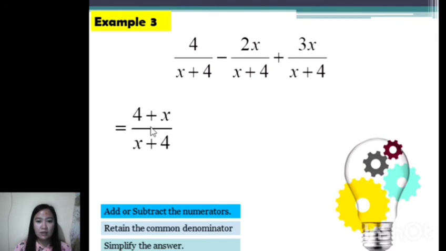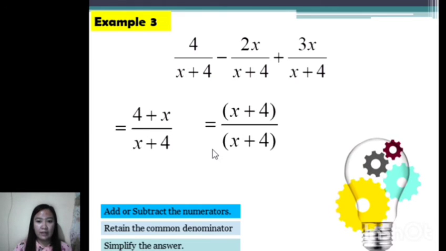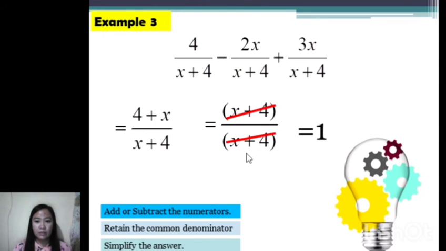As you can see, 4 plus x is equal to x plus 4. Let us change the position of 4 and x. Obviously, x plus 4 is equal to x plus 4. So simplifying your answer, that will be equal to 1. 4 over x plus 4 minus 2x over x plus 4 plus 3x over x plus 4 is equal to 1.